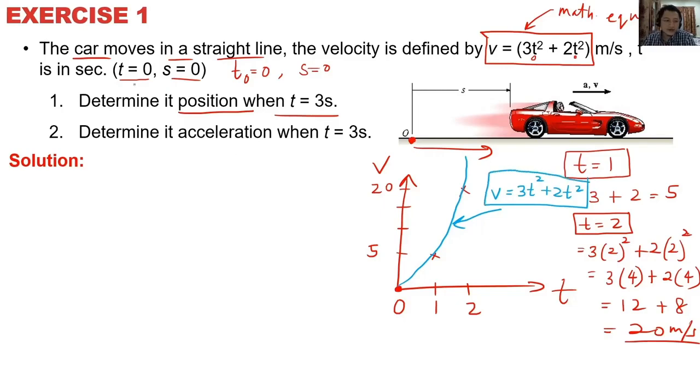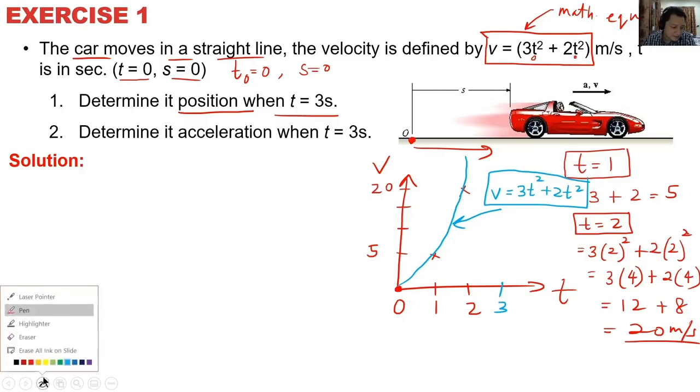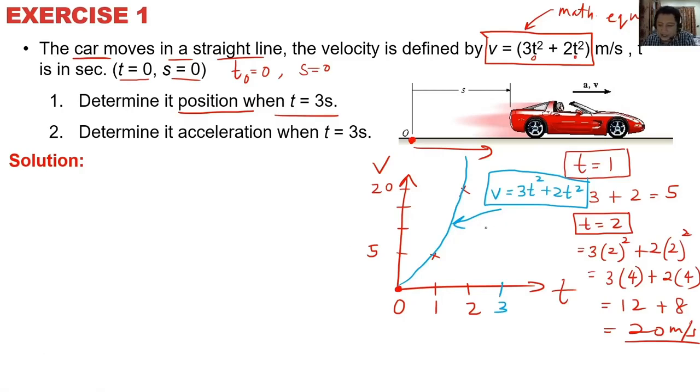So if you were to find the position when t is equal to 3 seconds, you need to do a lot of things and plot the whole thing. When you are doing this, your resolution is very bad. You're doing it at 1. How about the data that you have when it is at 0.5 or 1.5 or 2.25? You don't have all this data.